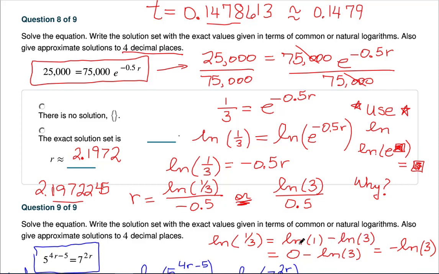But the natural log of 1 is 0. So this is 0 minus ln of 3. And so you get minus ln of 3. Well, that's a minus ln of 3 over a minus 0.5. The double minuses could simplify it to look like that. Either way, you'll still get the same answer of about 2.19.